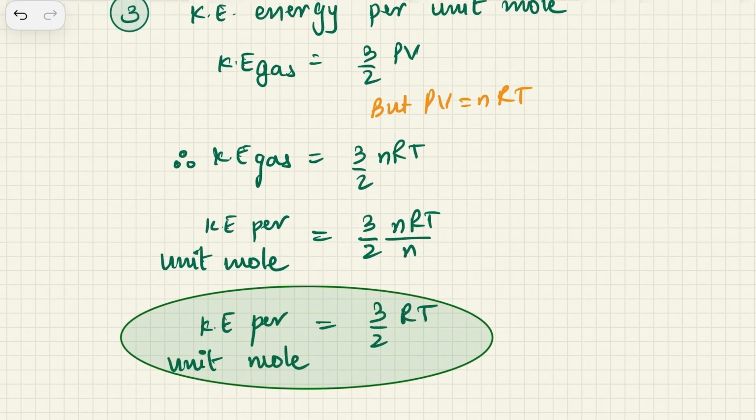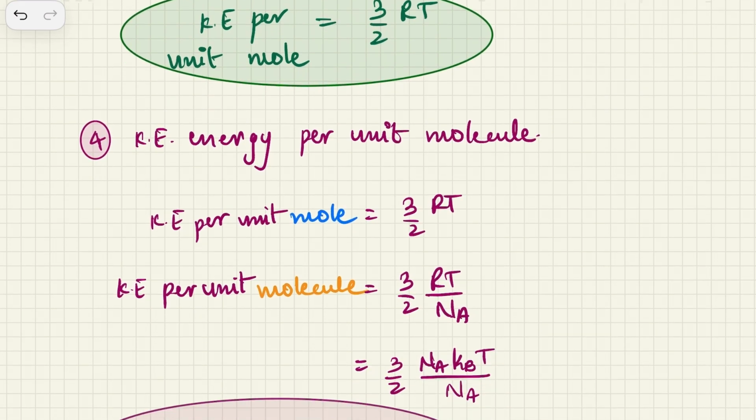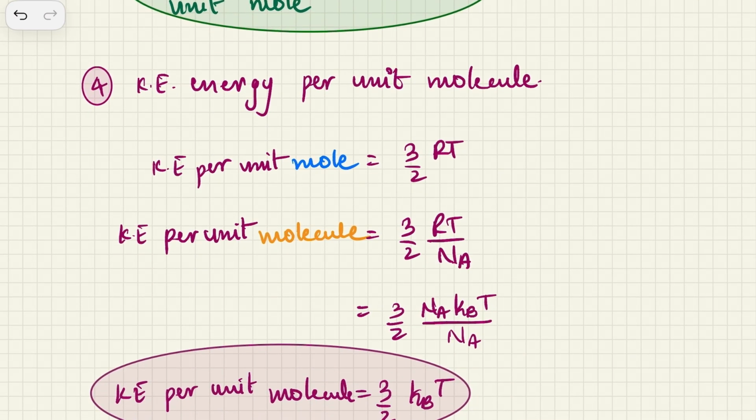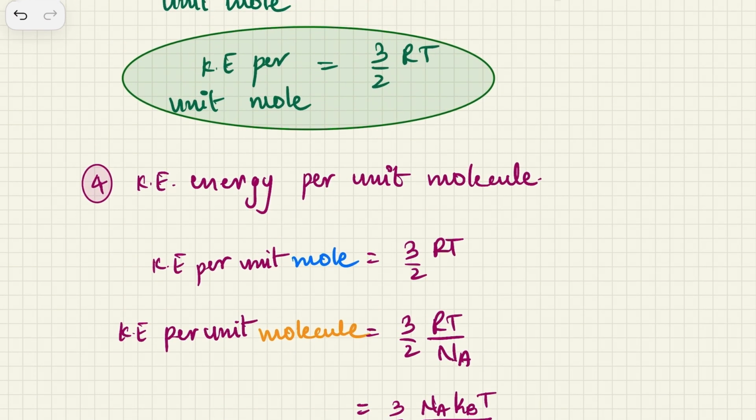Let's go to the fourth and the most important form, that is kinetic energy per molecule. For a molecule's kinetic energy, we again use the equation which we just derived, kinetic energy per unit mole, 3 by 2 RT. Now we all know that in 1 mole we have a number called Avogadro's number of molecules.